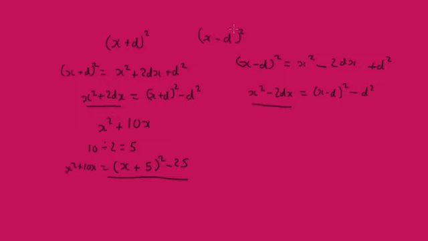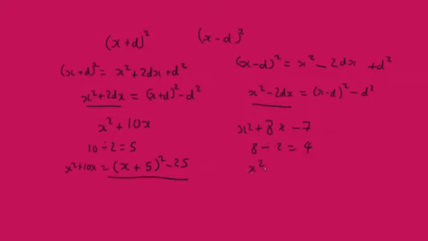Let's think of another one. Let's think of x squared plus 8x minus 7. So here, we're just going to ignore this minus 7 for now. Let's look at the coefficient of x. 8 divided by 2 equals 4.